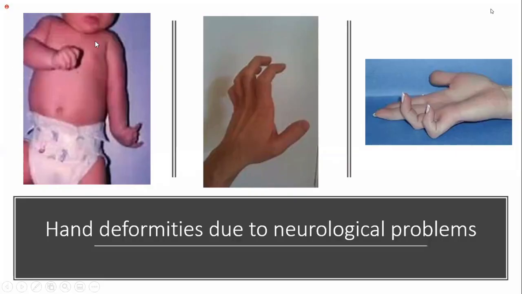Usually during birth trauma, a difficult delivery, the head is pulled with force, and that can cause stretching of the upper parts of the brachial plexus, and that causes the arm to be adducted and forearm to be pronated, and wrist to be flexed and fingers to be flexed, right?